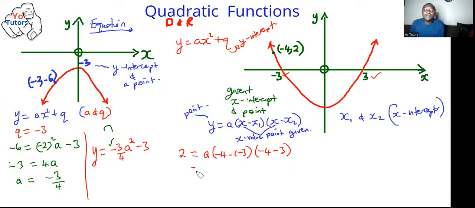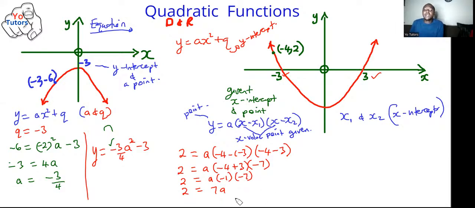Now, what are we going to do? We're going to say, okay, 2 is equal to a, negative 4 plus 3, negative 1, and negative 4 minus 3, negative 7. Negative times negative is positive, so it's going to be 7a equal to 2.